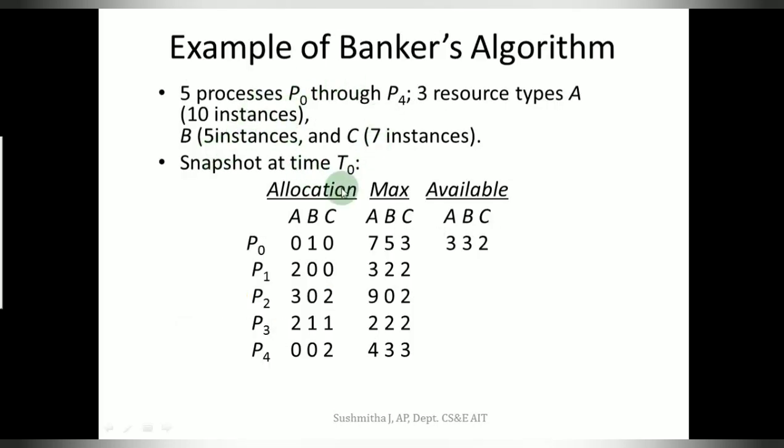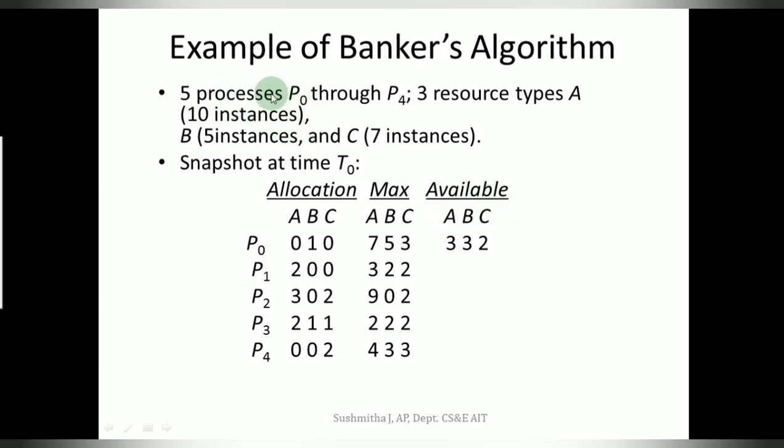Now let us take an example to see how your safety algorithm and resource request algorithm are working. Probably we had a glimpse of this problem previously when I explained the data structure. So by the previous class you have already had clarity of what is the allocation matrix, what is max and what is available.